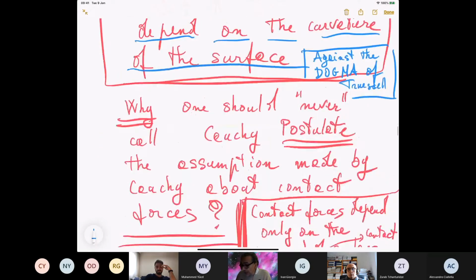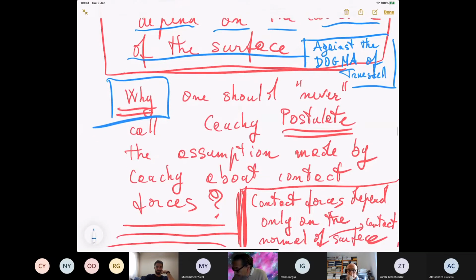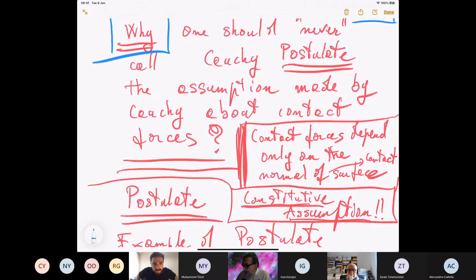Okay. Now, I will tell another time, but this is a very important subject. I will tell another time the reasons why one should never call Cauchy postulate the assumption made by Cauchy about contact forces. Okay? This is the statement by Cauchy. Contact force depends only on the normal of the contact surface. Okay.